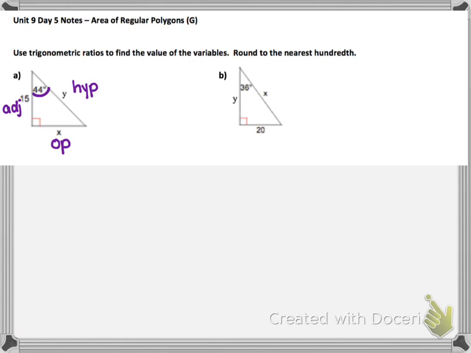So first let's find x. I have opposite, and then the only other one I have a number for is my adjacent. So opposite and adjacent make tangent. So I'll have the tangent of 44 degrees. And remember, I always put him over 1 equals opposite over adjacent, so x over 15.